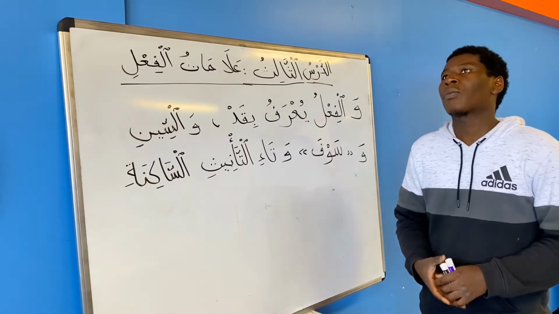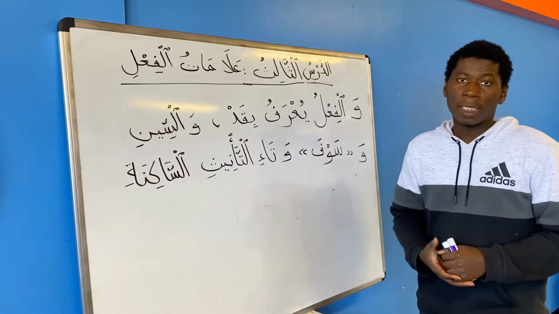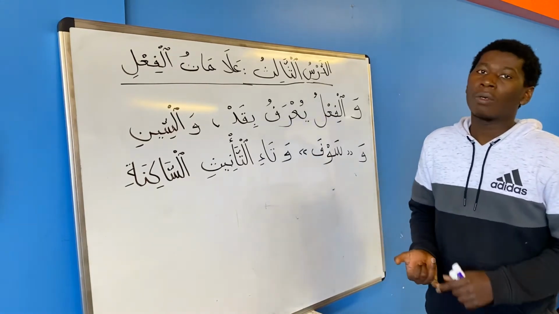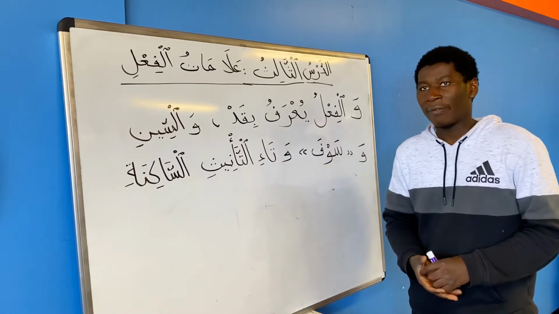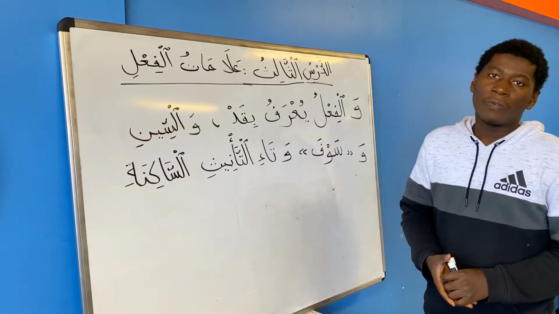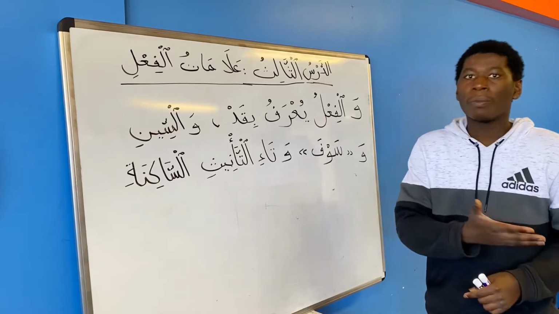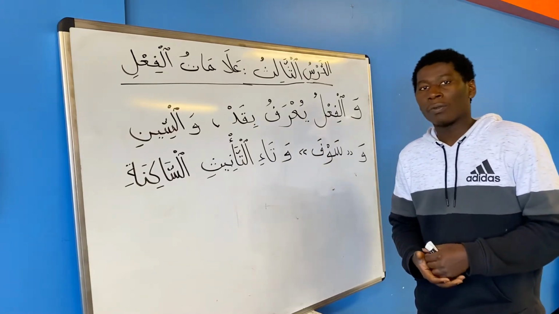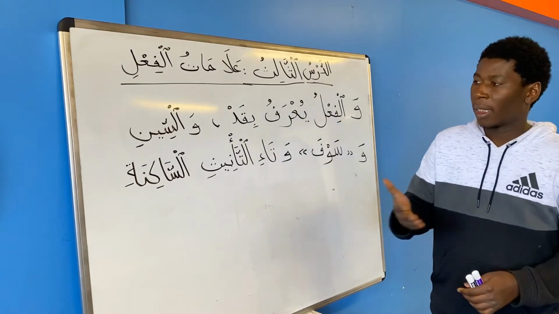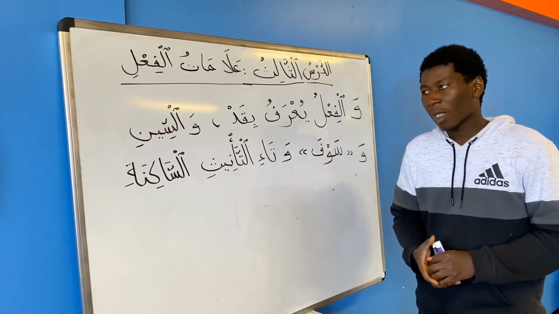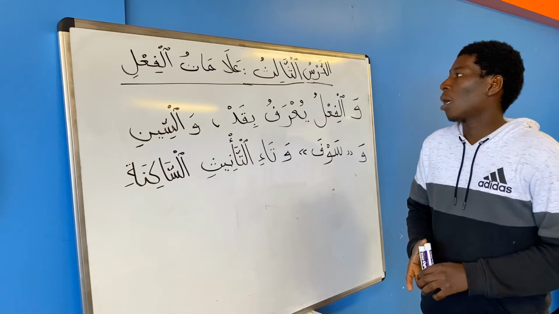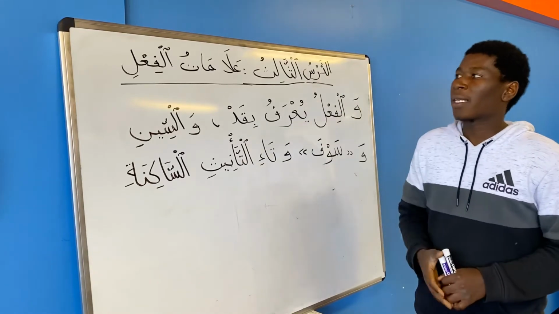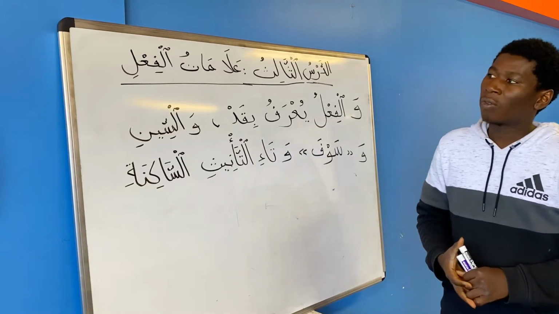Then the author went into details where he said فالاسم يعرف بالخفض والتنوين ودخول الألف واللام وحروف الخفض, and he gave some examples, and he also went over وحروف القسم, and he gave the 3 letters. So today we're looking at الدرس الثالث علامات الفعل.